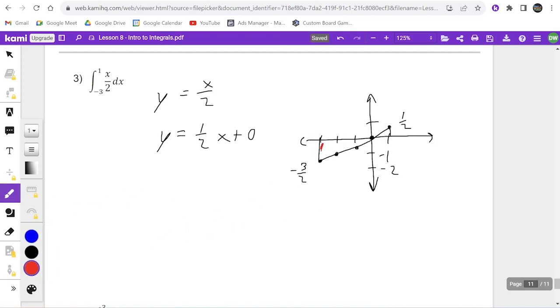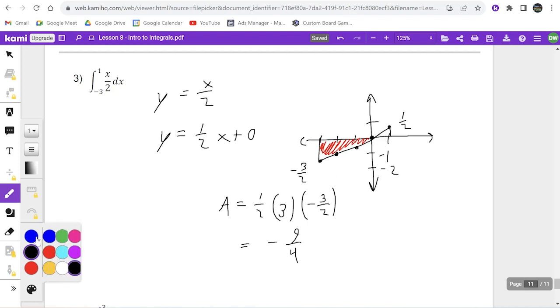So starting with the negative triangle, it's going to be an area of 1/2 times the base, which is 3, times the height, negative 3/2. Looks like I get an area of negative 9 over 4. And then for that little guy right there, that area is just going to be 1/2 times the base, which is only 1, and then the height is 1/2.